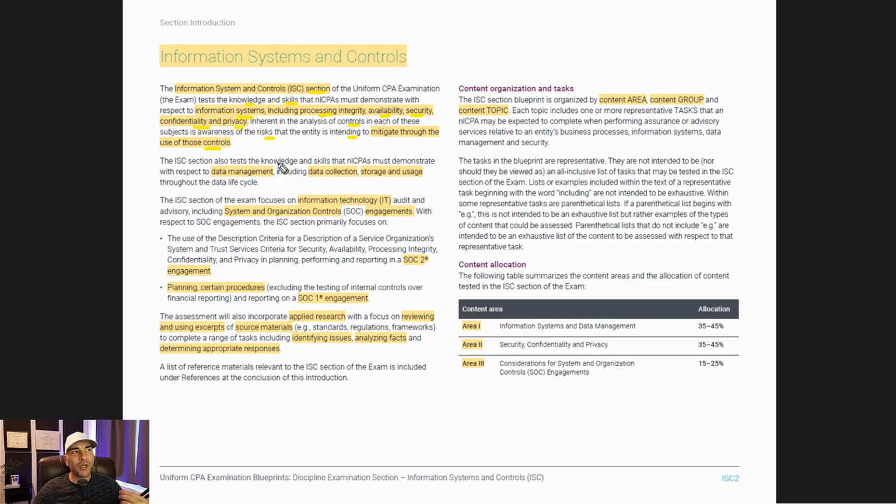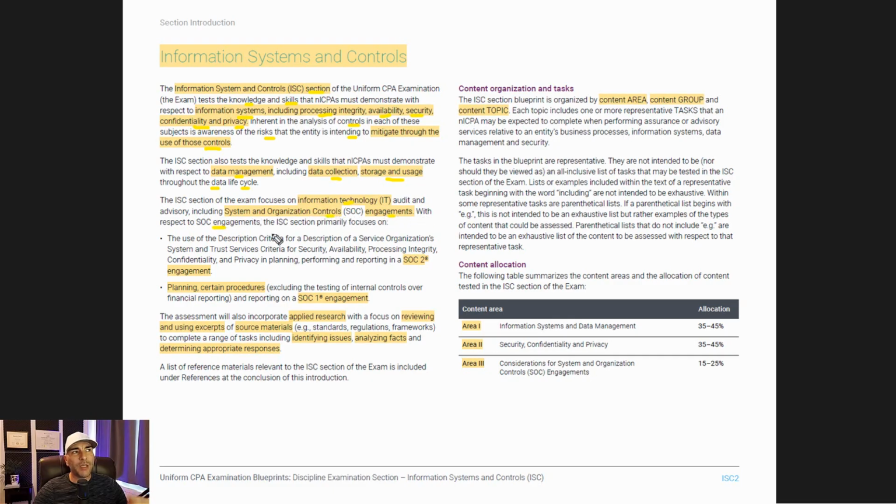Now, the ISC section also tests the knowledge and skills that CPAs must demonstrate with respect to data management, data collection, storage, and use of data throughout the data life cycle. The ISC section of the CPA exam focuses on information technology, audit and advisory, including systems and organizations control, SOC engagements.